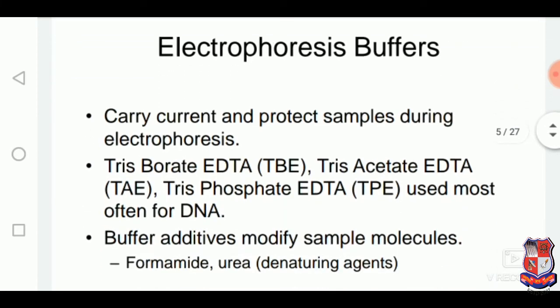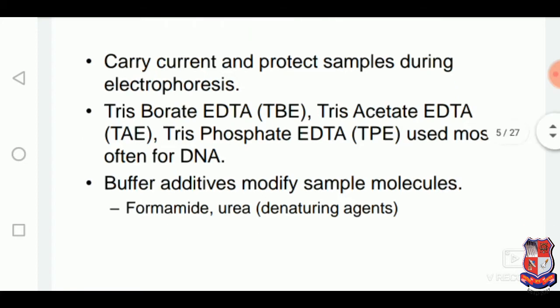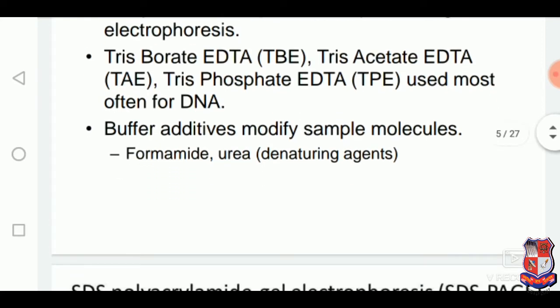There are several electrophoresis buffers that are used. They carry current and protect samples during electrophoresis, such as Tris borate EDTA, Tris acetate EDTA, and Tris phosphate EDTA, used most often for DNA. Buffer additives modify sample molecules, such as formaldehyde and urea.